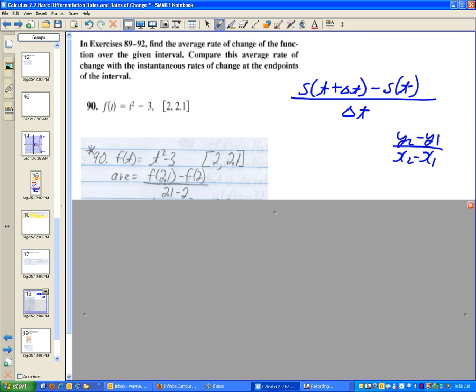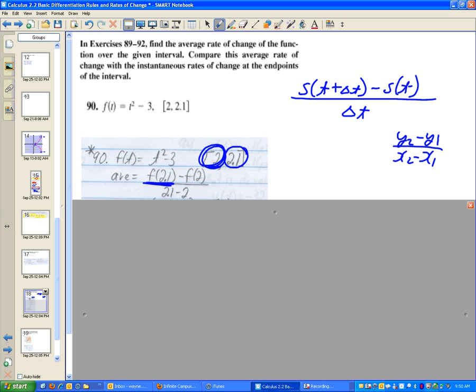So the ending point, the stopping point, will be the position when t equals 2.1, right? So f of 2.1, that's our y2. Minus, and the beginning then was when t equals 2. So f of 2 is where we started.